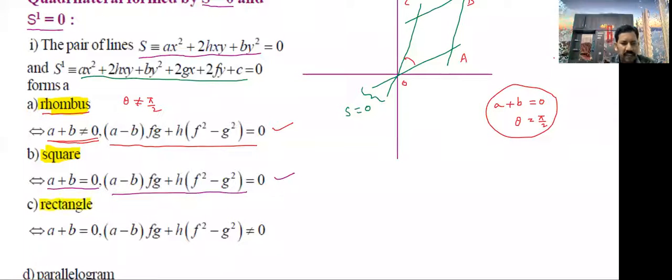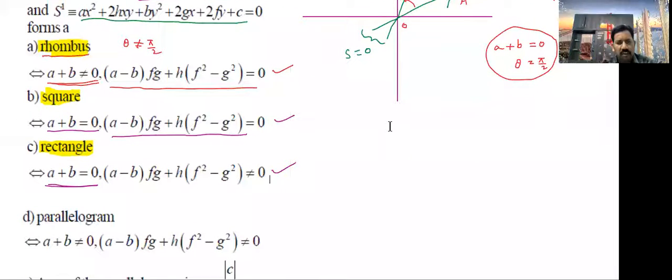Next, rectangle. In a rectangle also we know that the angle between adjacent sides is 90 degrees. That means a plus b is equal to 0, and (a minus b) into fg plus h into (f square minus g square) not equal to 0. These two conditions satisfied means the quadrilateral is a rectangle.